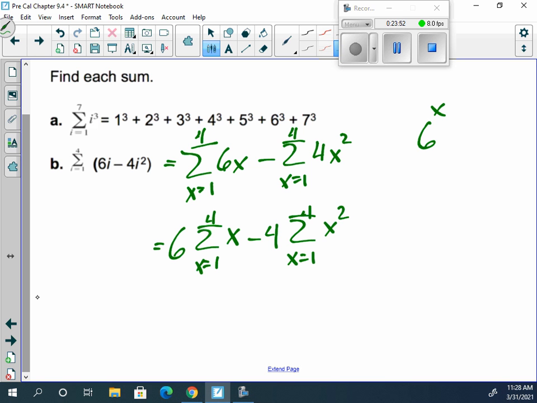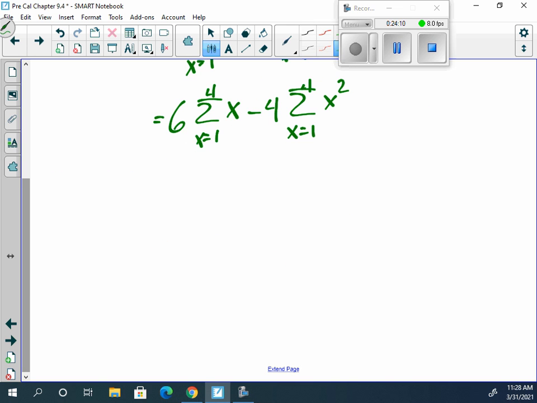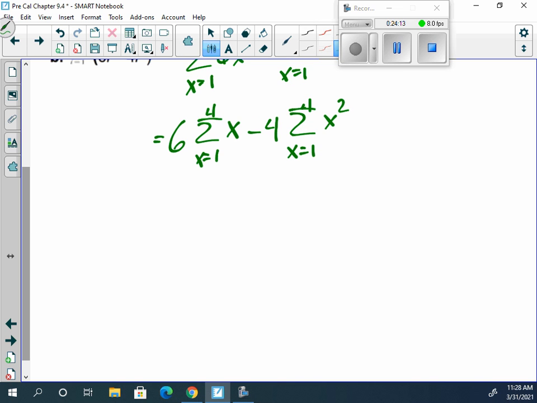Because with 6x, the first term would be 6 times, plus 6 times, plus 6 times. There's going to be a constant term of 6 that we can factor out and multiply in later. But then we'd figure this out here, which isn't too bad, because we'd have 1, 3, 6, 10.